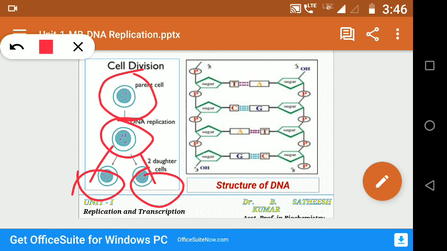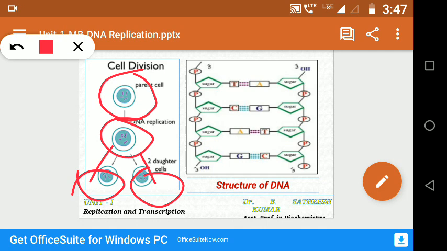If we look into the genetic material of the parent cell, it contains a single DNA molecule. In the case of bacteria, if we take bacteria as an example, the parent bacterium will have one DNA molecule. During the cell division process, the one DNA molecule becomes two DNA molecules, and during the cell division, each DNA molecule will be part of each daughter cell.